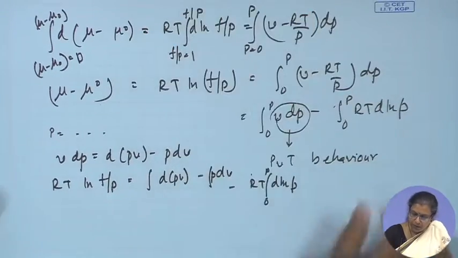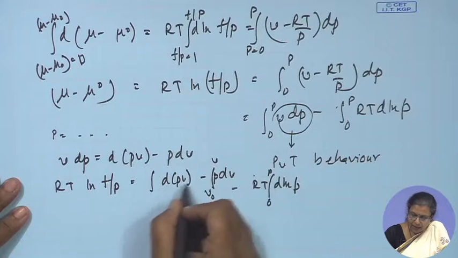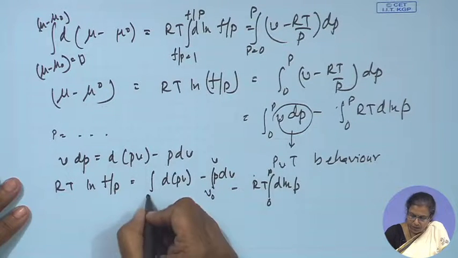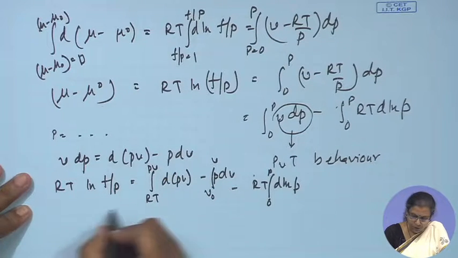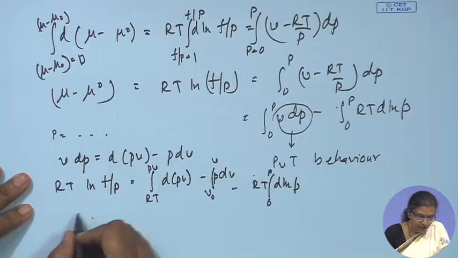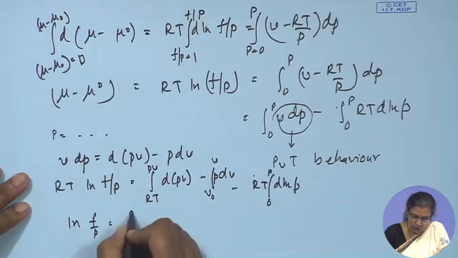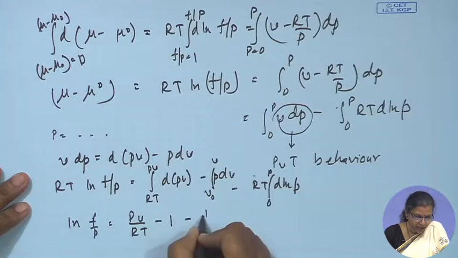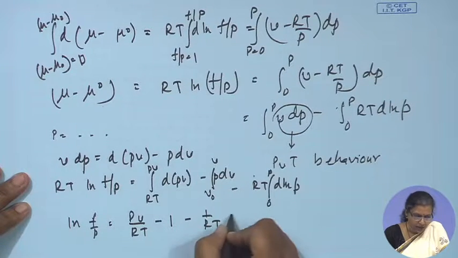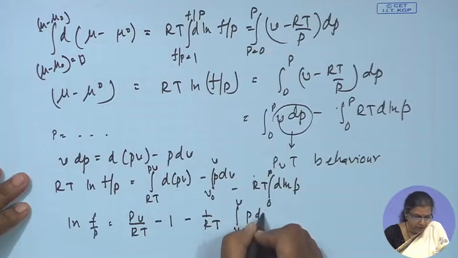This should be equal to V from 0 to V, and here for p equals 0, it is R T, this is going to be P V, right. So, for such conditions, we find that ln f by p will be equal to P V by R T minus 1 minus 1 by R T integral from V 0 to V of P dV.